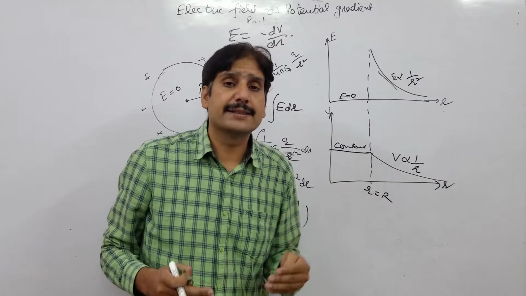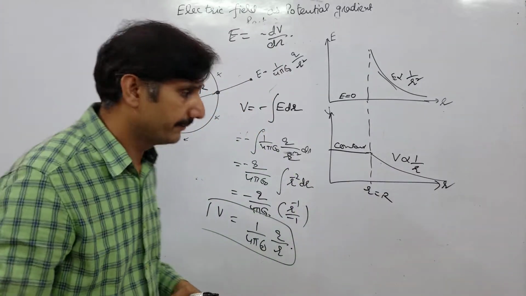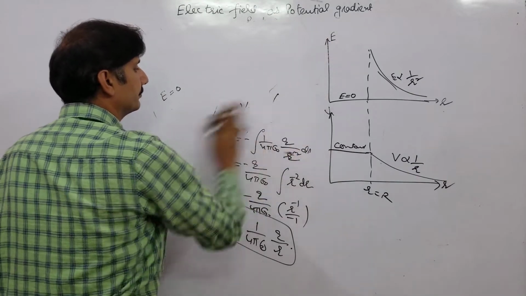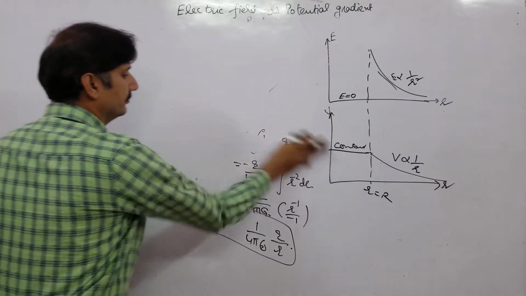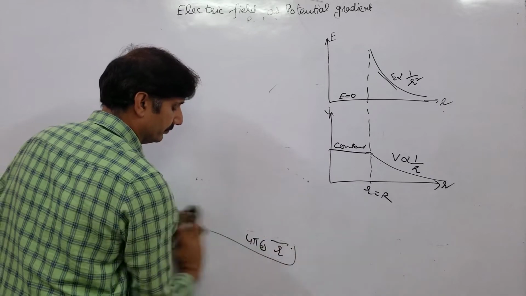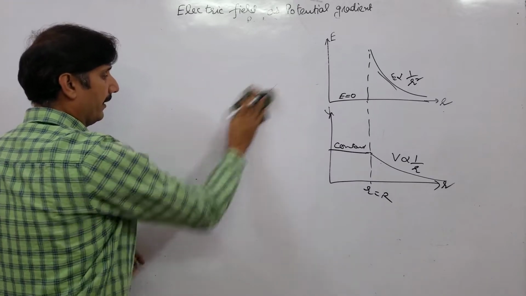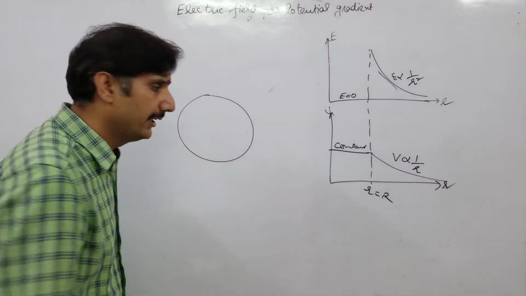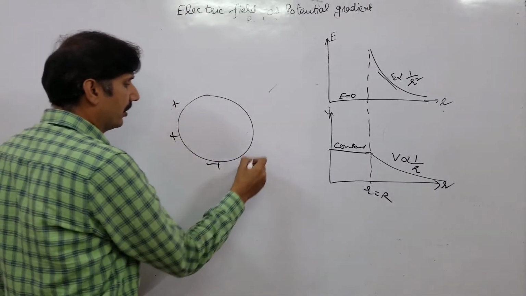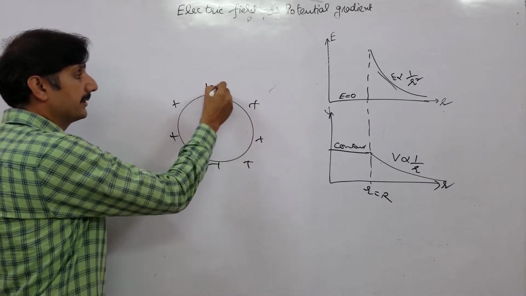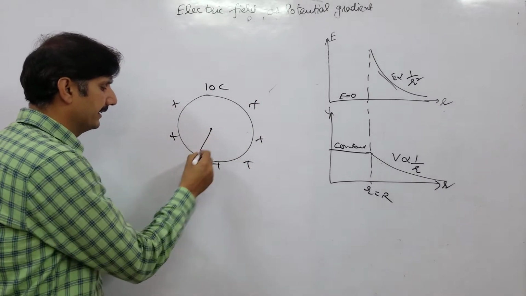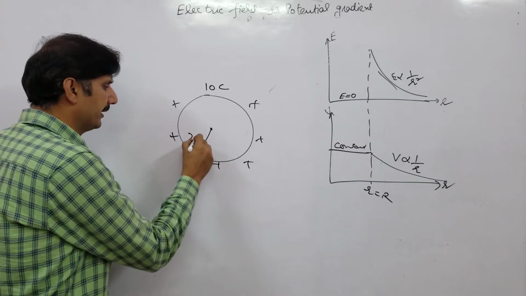Now this leads us to very, very interesting questions. Let's see. I've got a charged spherical shell. It has got charge of 10 coulombs. Let's say its radius is 2 meters.